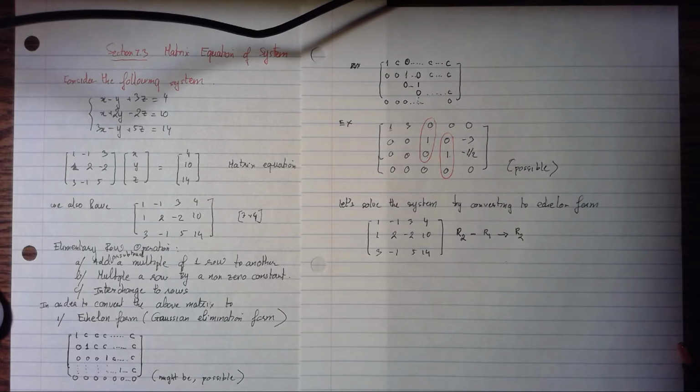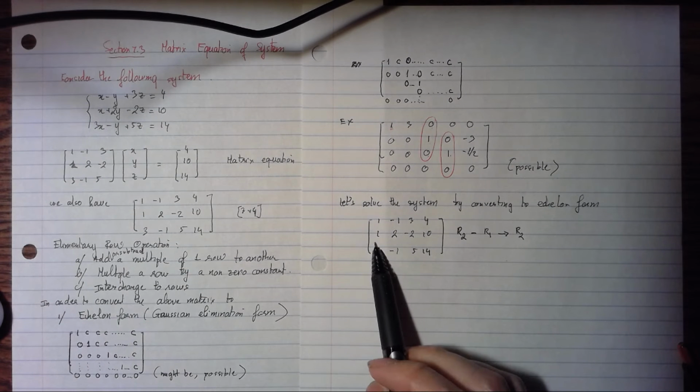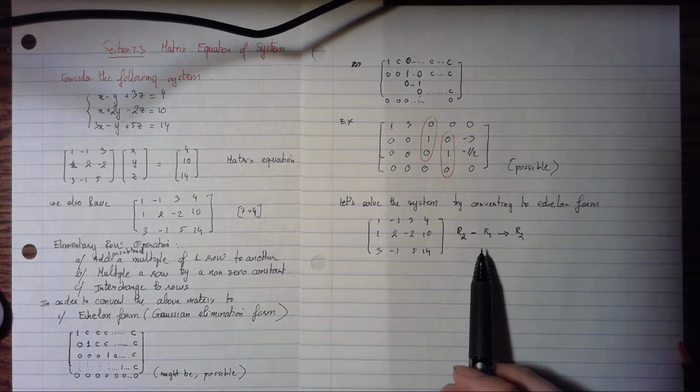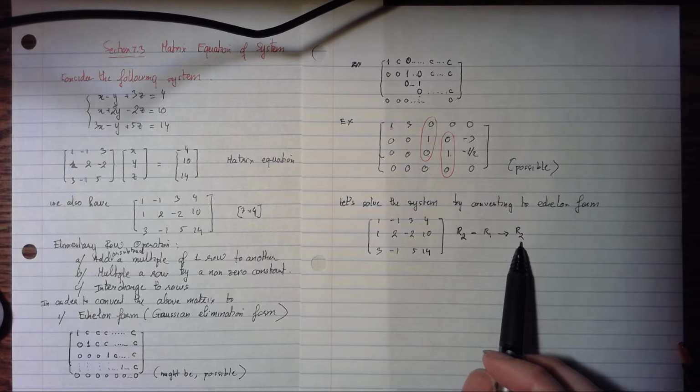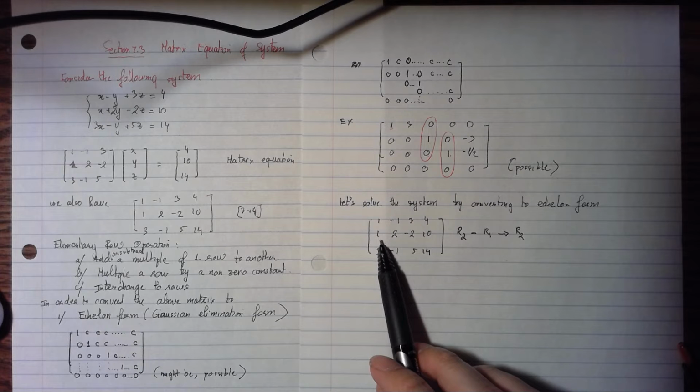You want to change row 2, so you take row 2 minus row 1. Why do I have to minus row 1 and not row 2 or row 3? Because 1 minus 1 is 0. That's why I have the new row 2 with 0 over here.